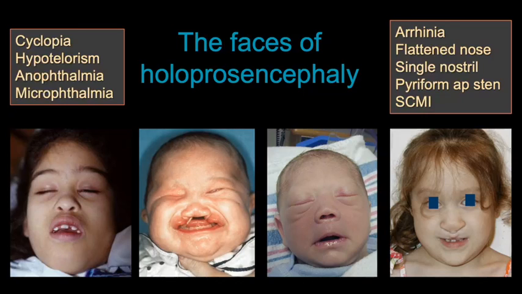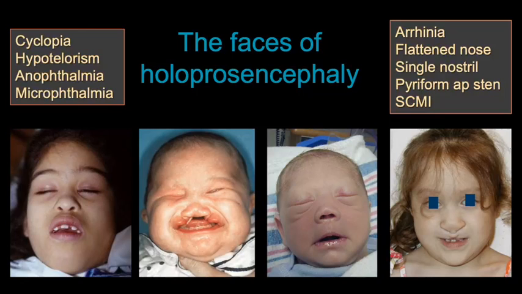These are abnormalities affecting the orbits and eyes and nose, as well as dentition in holoprosencephaly, ranging from cyclopia to more frequently hypotelorism, and when looking at the globes, anophthalmia or microphthalmia. With regard to the nose, complete arrhinia, absent nose and nasal cavity, flattening of the nose, a single nostril, or narrowing of the anterior nasal aperture known as piriform aperture stenosis.